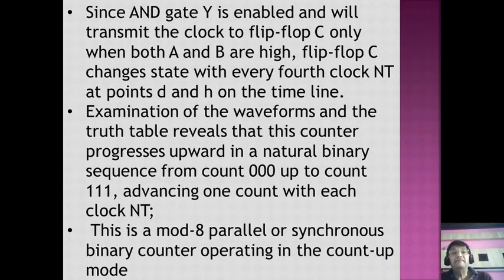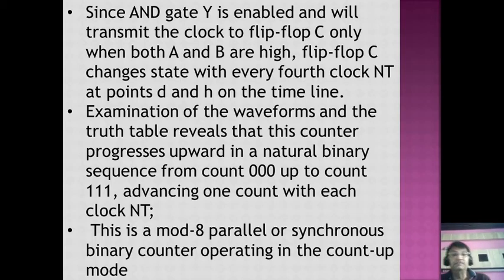The AND gate Y is enabled and will transmit the clock to flip-flop C only when both A and B are high. Flip-flop C changes state with every fourth clock negative transition, at points D and H on the timeline.